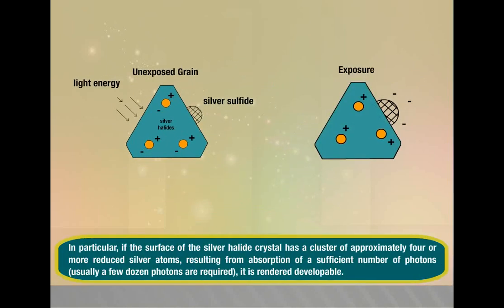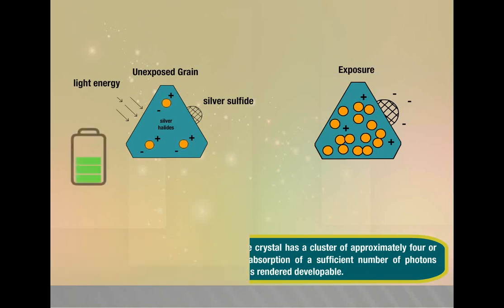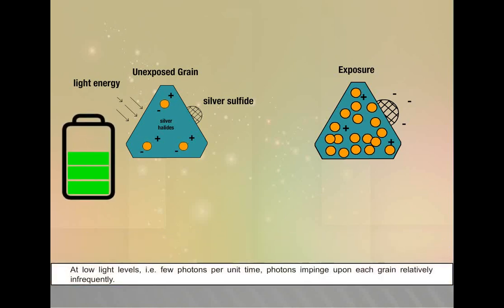In particular, if the surface of the silver halide crystal has a cluster of approximately 4 or more reduced silver atoms, resulting from absorption of a sufficient number of photons, usually a few dozen photons are required, it is rendered developable. At low light levels, that is few photons per unit time, photons impinge upon each grain relatively infrequently.